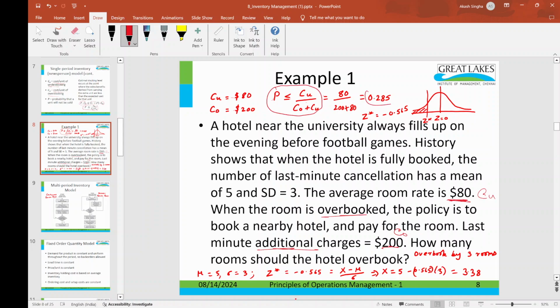This will give 0.285. Now we just have to assume that order booking is a normal distribution. Here you can assume this for most of the cases. I guess sir will give only for those cases.